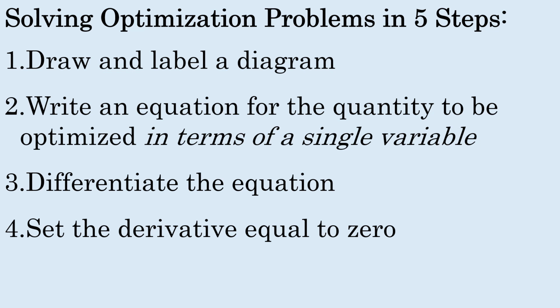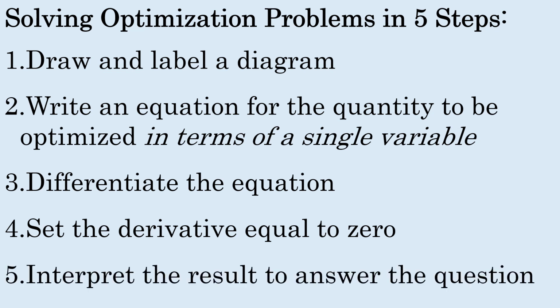When you graph a function, you take a derivative and set it equal to 0 to find critical numbers, which are x values where the graph might have a high or a low point, or, in the context of an optimization problem, a maximum or minimum. This result will then be used to answer the question posed in the problem.